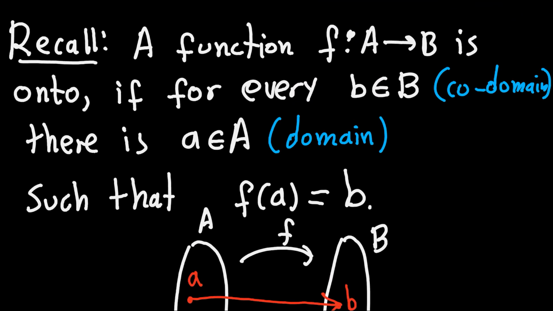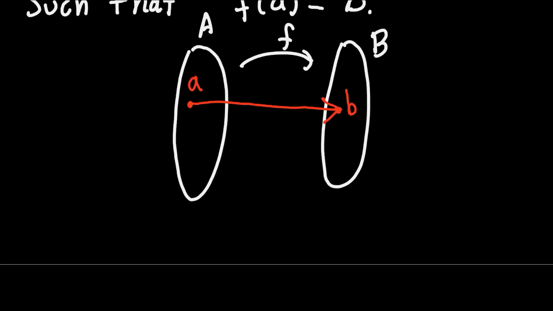But the actual definition is this here. Whenever you have to check that something is onto, you choose an element b in the codomain, and you prove that there is an element in the domain that maps into that element b. Let's look at an example.